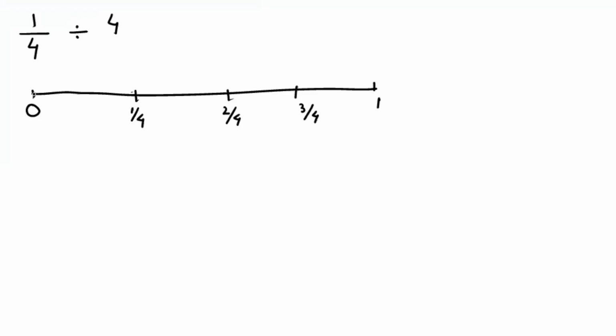Now we have to divide this amount into 4 equal parts, because 1/4 is divided by 4. So we have to divide this into 4 equal parts. 1, 2, 3, 4. Similarly, we have to divide all of the amount into 4 equal parts.